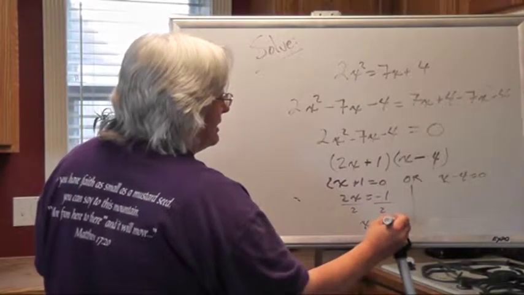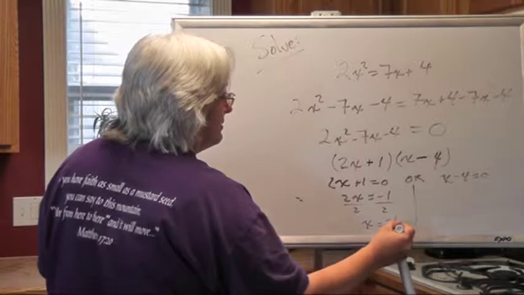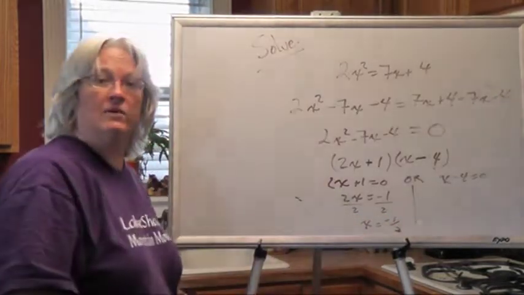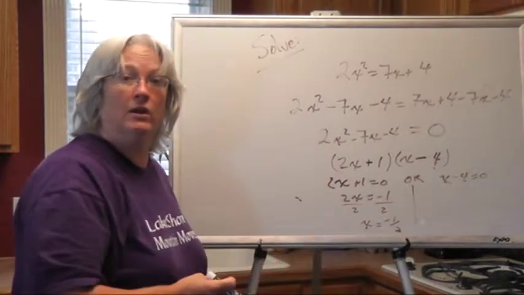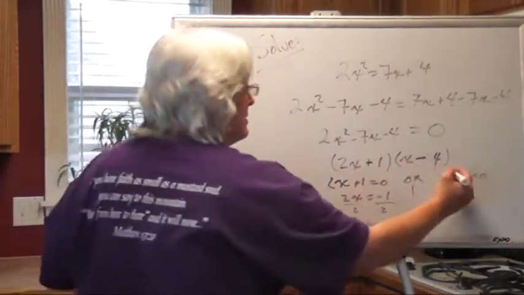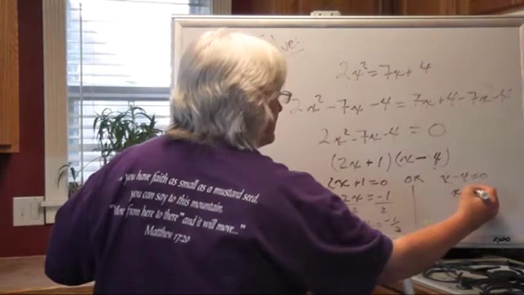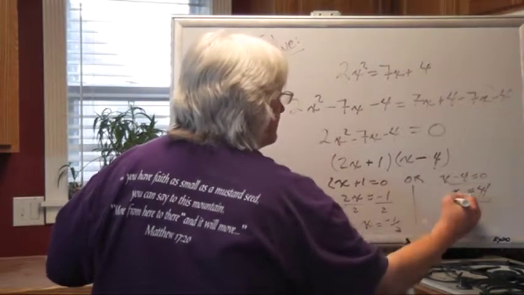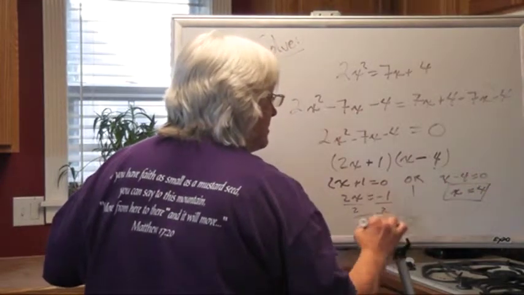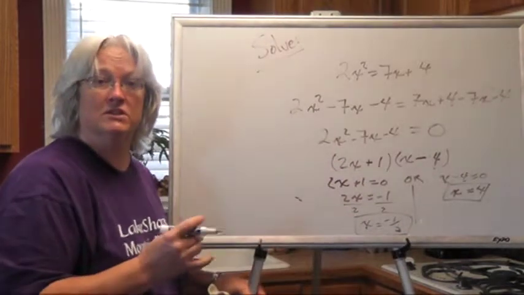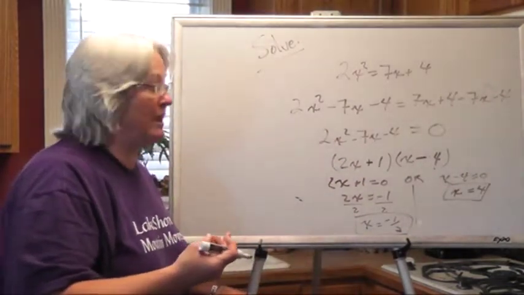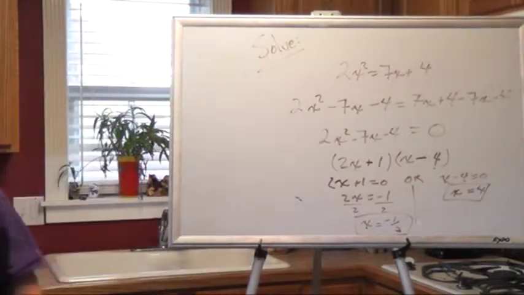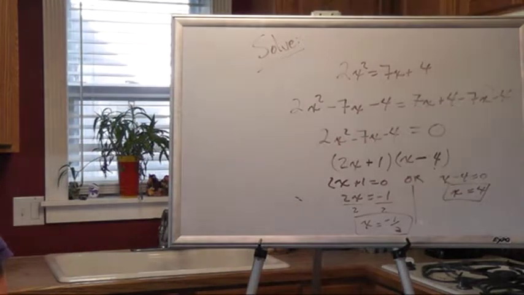X is equal to a negative 1/2. When we have our solution to this second equation, x minus 4 is equal to 0, we have x is equal to 4. We have two possible solutions now to this quadratic equation. We have negative 1/2 and we have x is equal to 4.